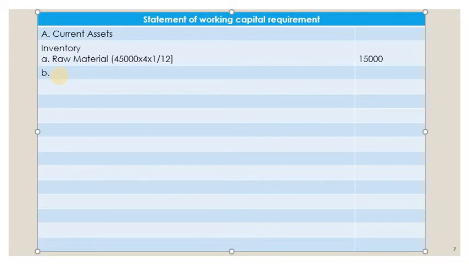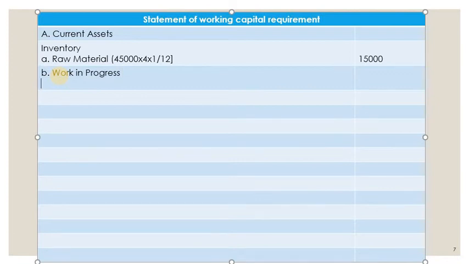Then, how to calculate work in progress? So work in progress should be calculated on raw material, then direct wages, then direct overheads. So everything is there in the problem. So we have to take one by one. Raw material, it's there above.